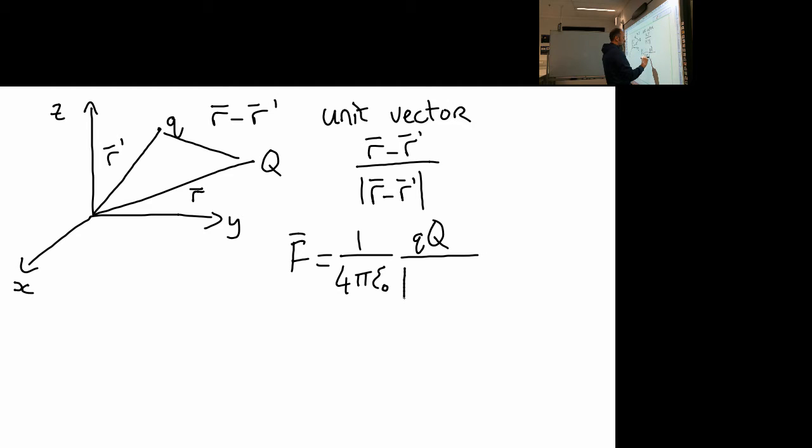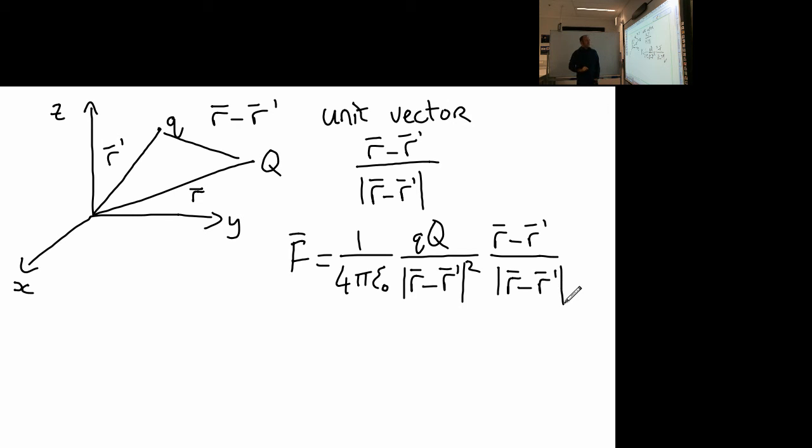So this is going to be the magnitude, so it's the magnitude of R minus R prime squared, multiplied by the unit vector. Okay, which gives us the direction. Okay, so there we have it. There's Coulomb's law and the electric force.